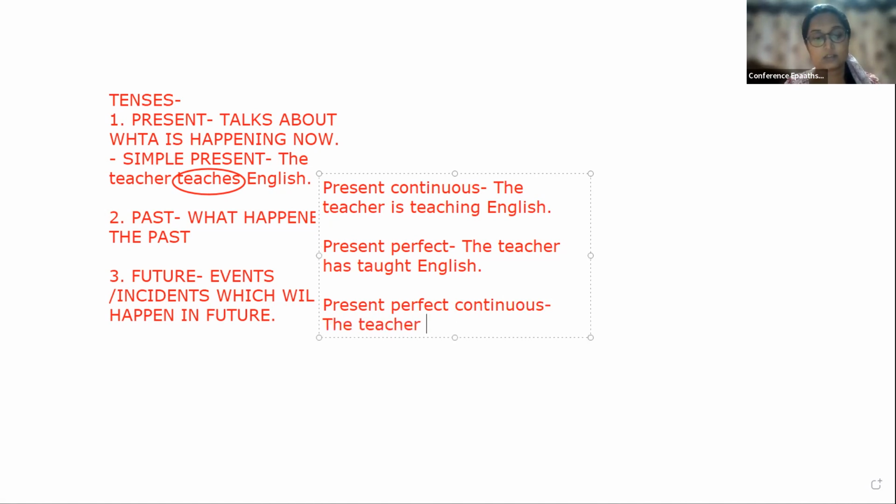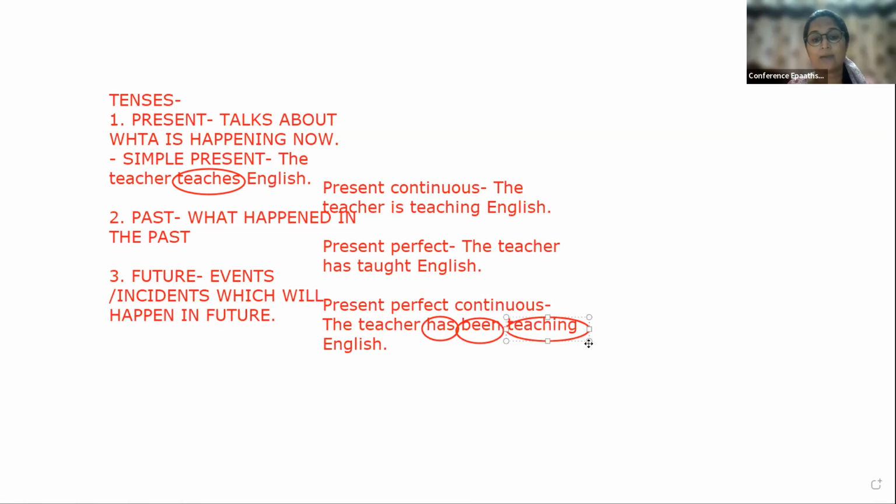The teacher has been teaching English. So what is happening here? Here you have to add has verb plus been verb and then ing form of the verb. So this is a form. Like this way you have to make present perfect continuous tense.